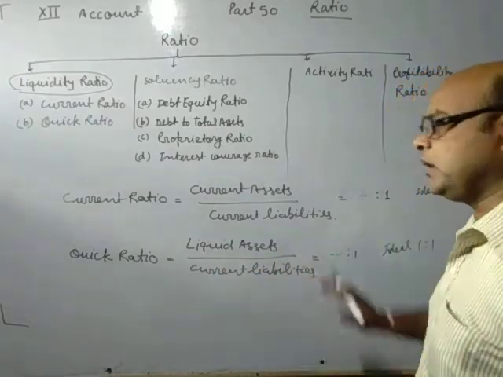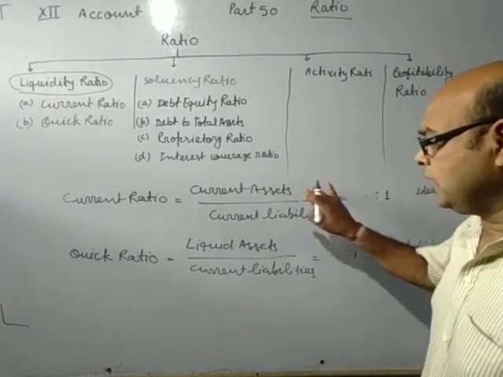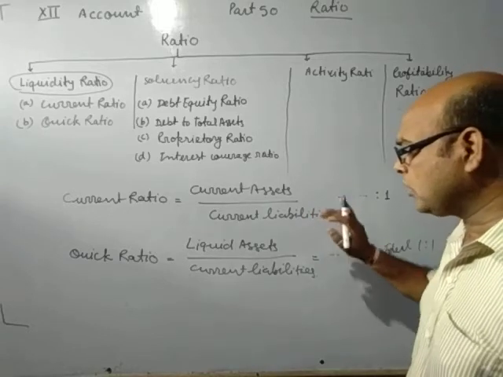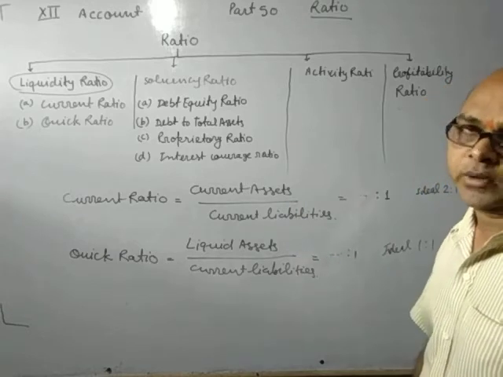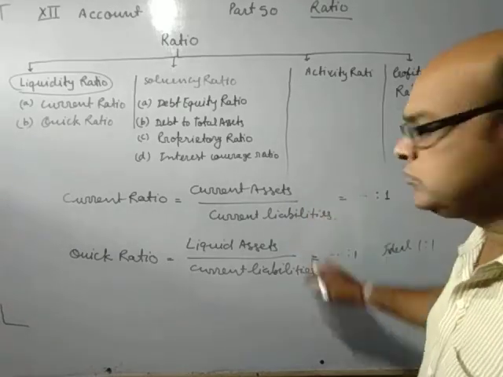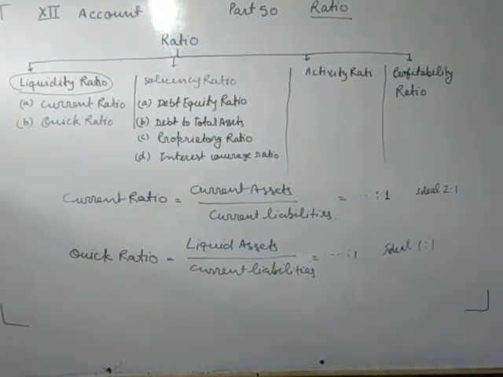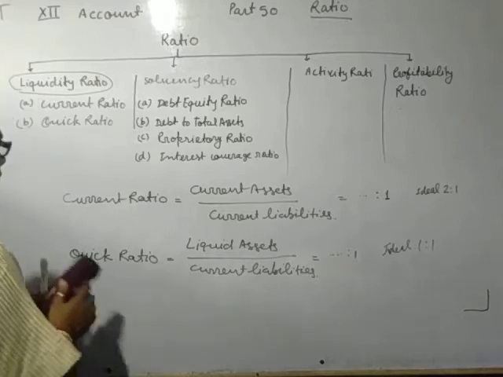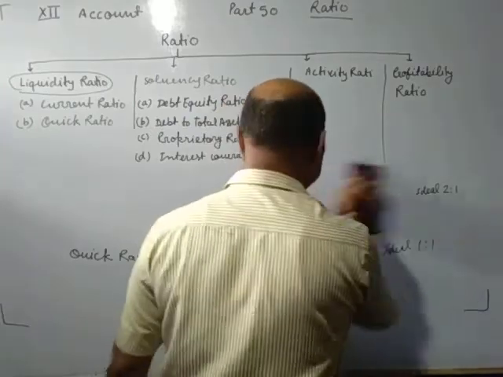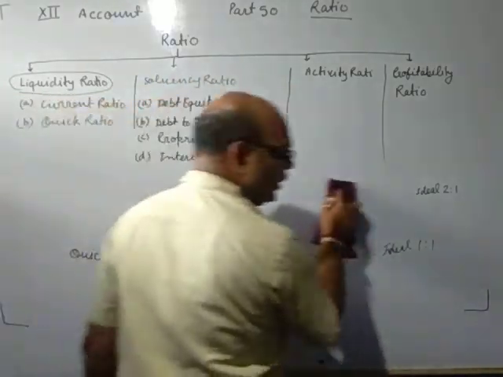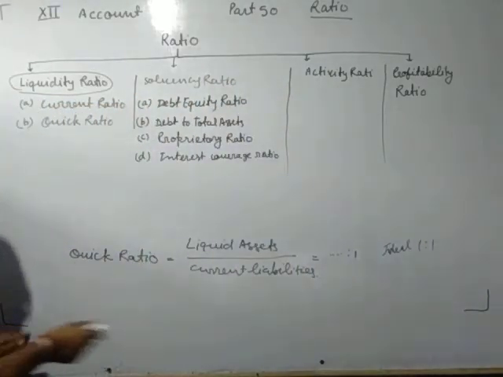Now what are liquid assets? If from the current assets you subtract stock and prepaid expenses, then it is called liquid assets. So you write this down and learn it also. The ideal current ratio is 2:1; remember this.